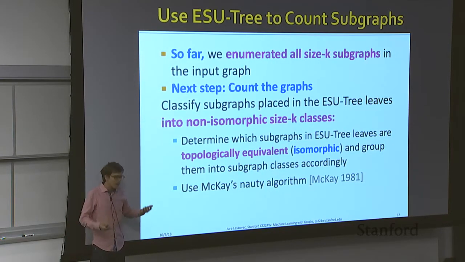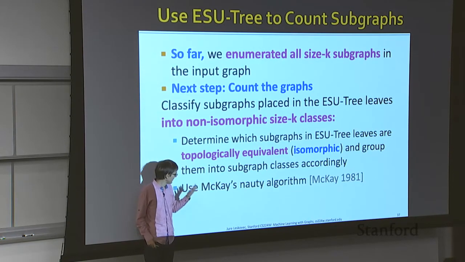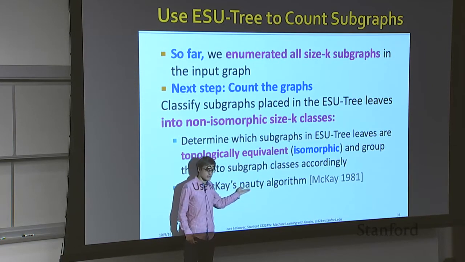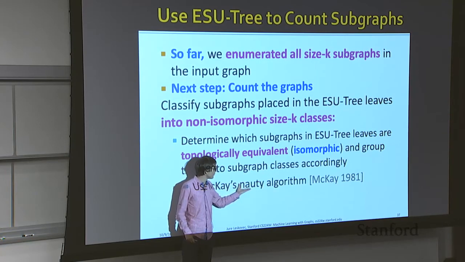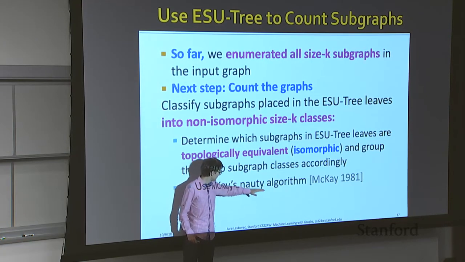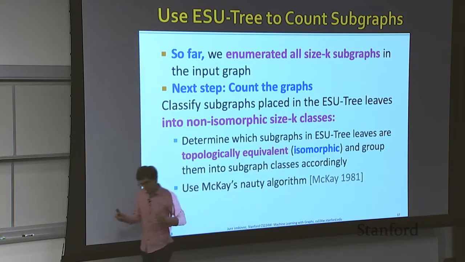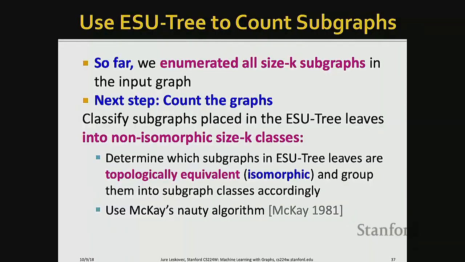There are many different algorithms to do that. One very famous and still very fast algorithm is called NAUTY. I will just show you how you would in principle do that. You use this algorithm from the 80s because it's full of really good heuristics to speed this up. But just to define what subgraph isomorphism is, sorry, you had a question.